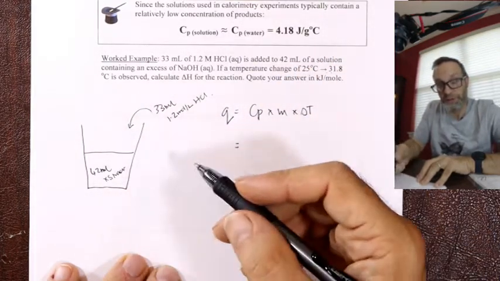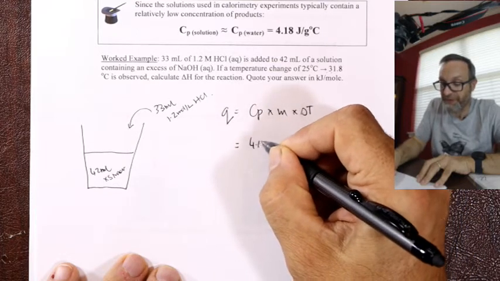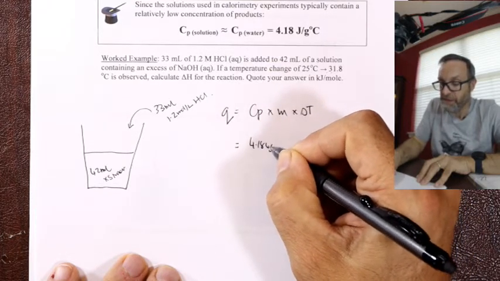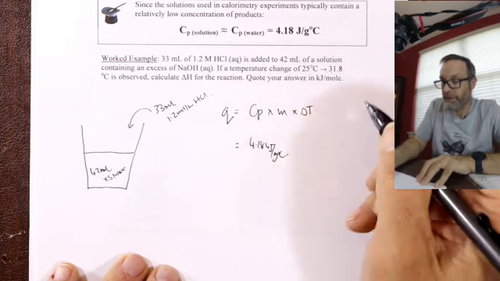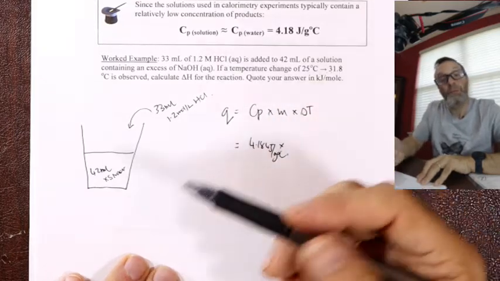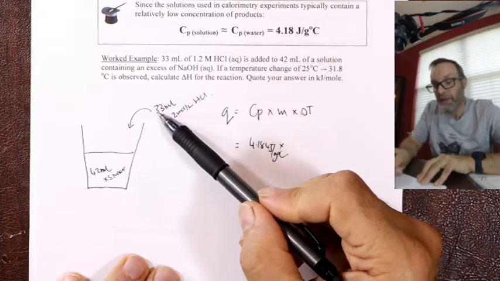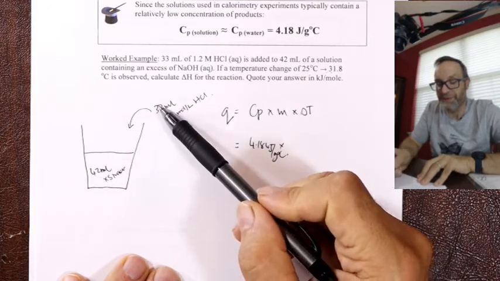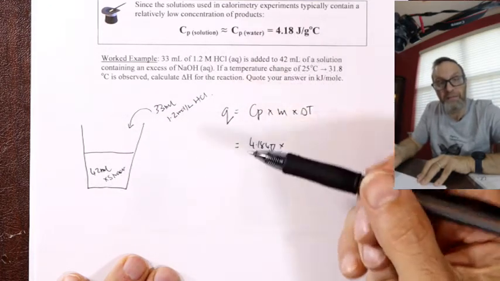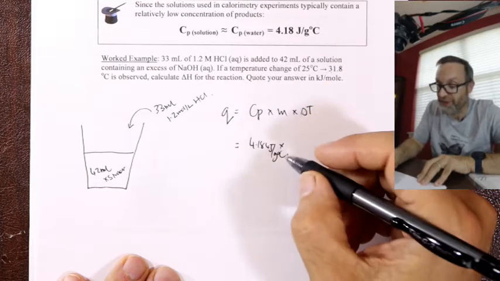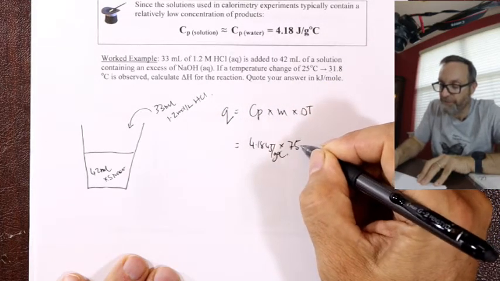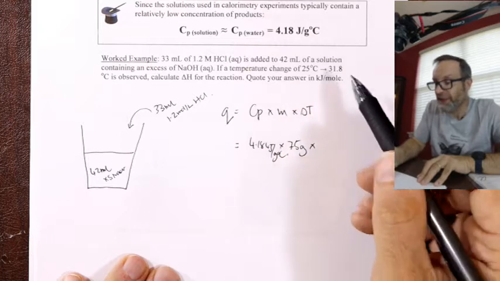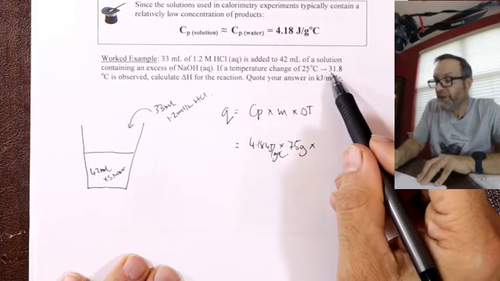It's a weak solution, so that's the same as water. Now the mass, we saw that trick earlier. 33 milliliters plus 42 milliliters equals 75 milliliters. It's water essentially, so that's 75 grams. Times delta T, well look, it went from 25 to 31.8.